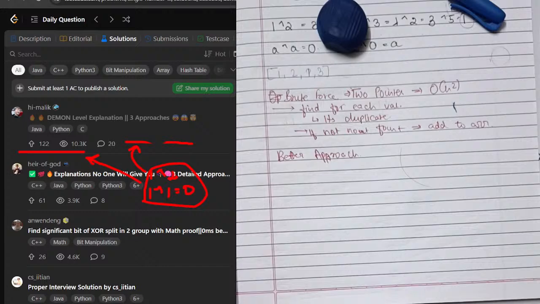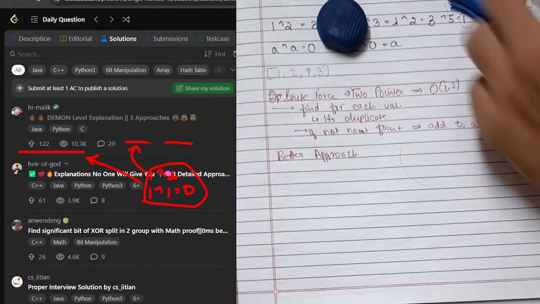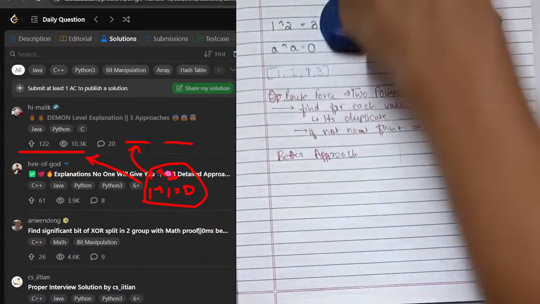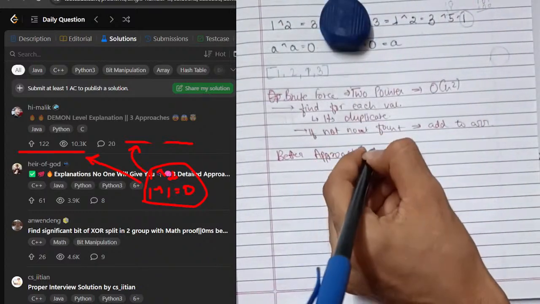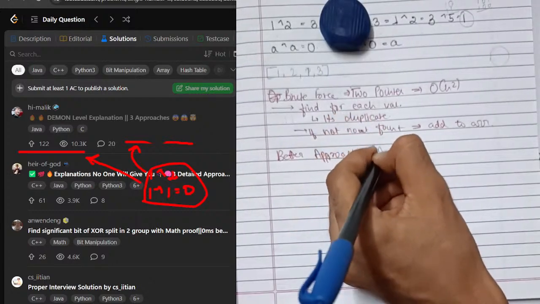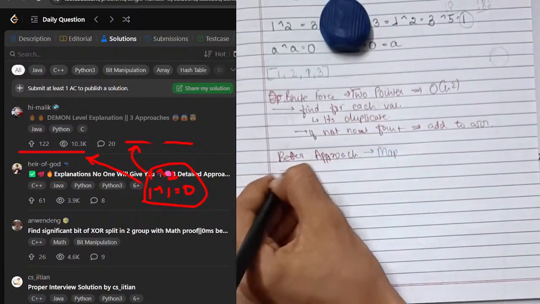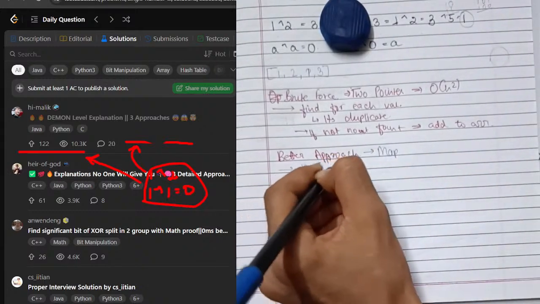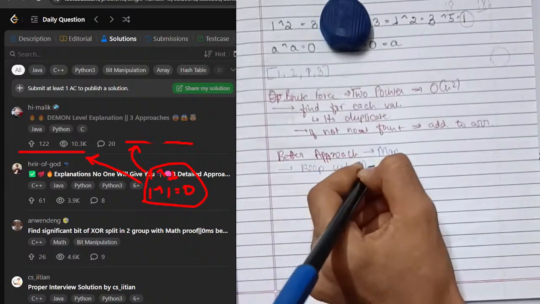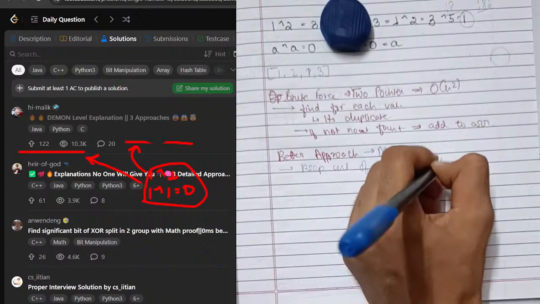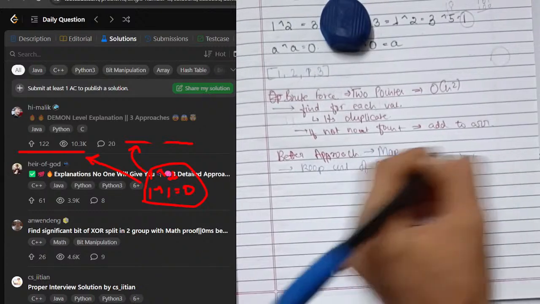Think. Better approach was map. Keep count of occurrence for value.